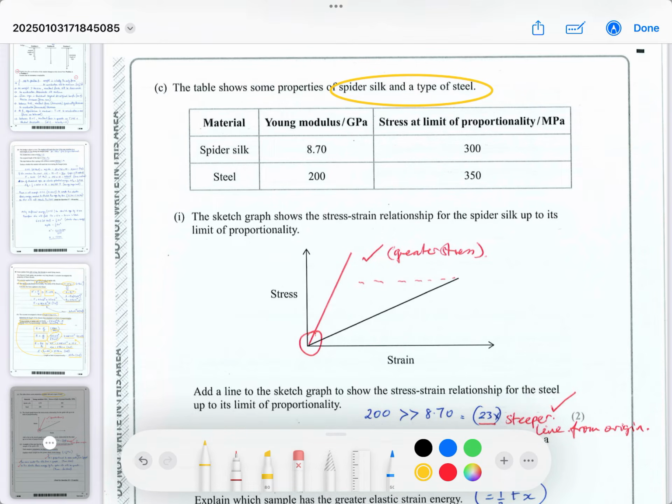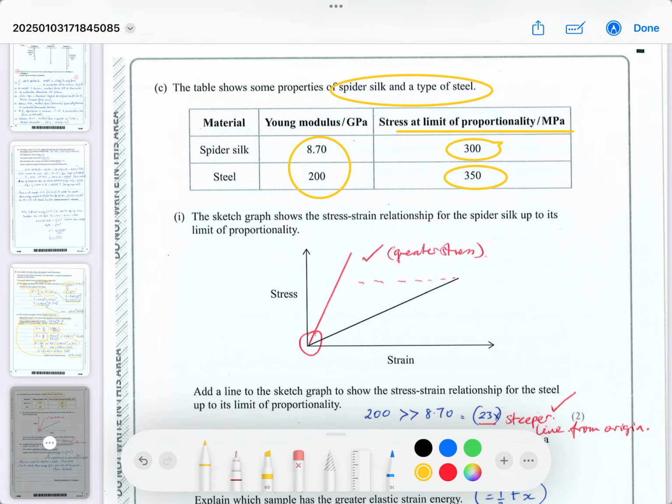You can see steel has a larger Young's modulus, and they've compared the stress at the limit of proportionality, where it stops being a straight line, basically, stress against strain. It was 300 that we looked at for the spider silk, and for steel it's slightly more, 350.